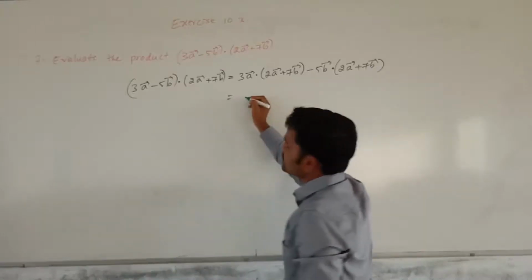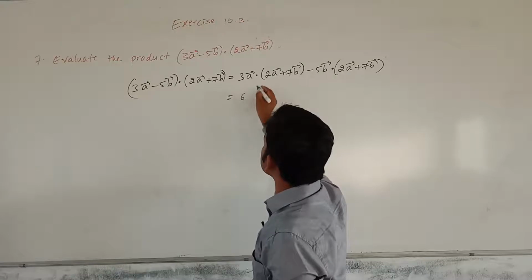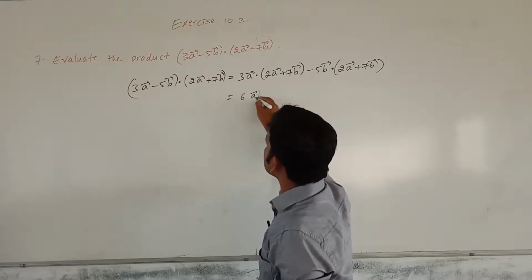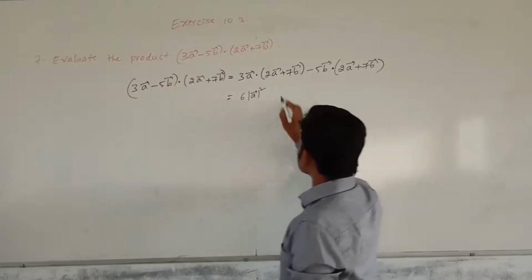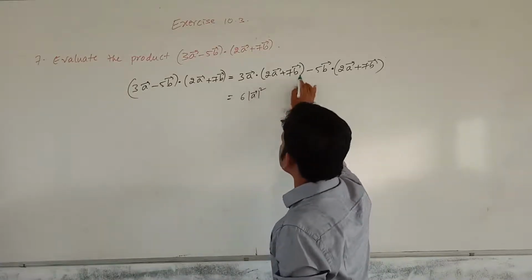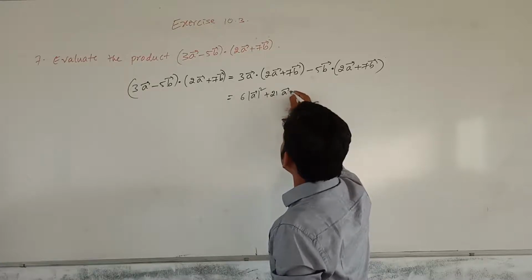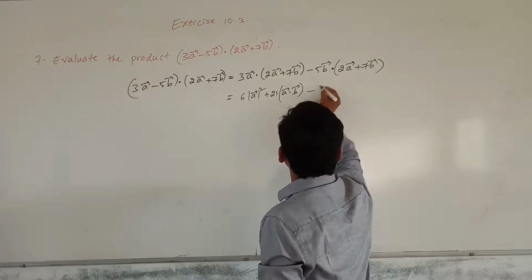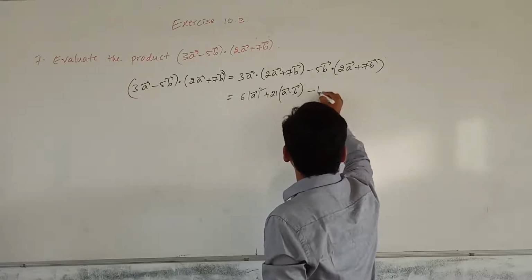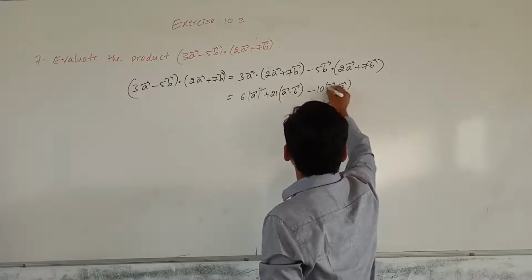Okay, here 3a into 2a, 3 into 2 is 6, 6 into A dot A. A dot A means magnitude of A square. Next 3a into 7b. 3 into 7 is 21 A dot B. Minus 5b into 2a: 5 into 2 is 10, 10 into B dot A.